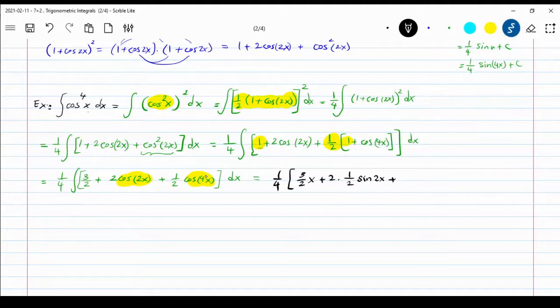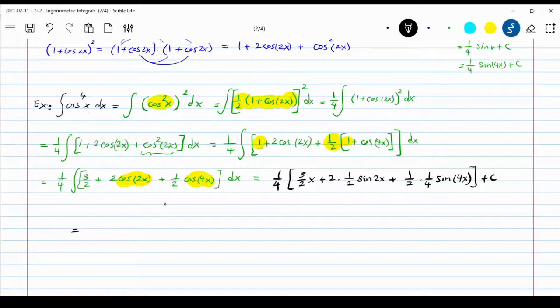And the integral of cosine 4x, we calculated it as, the 1/2 is still there, it is 1/4 sine 4x. And all this plus some constant.